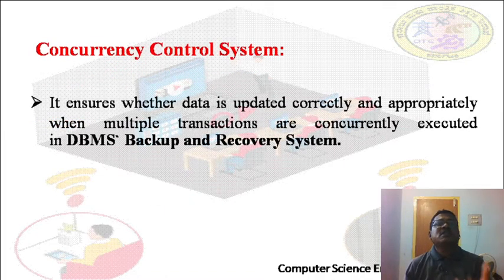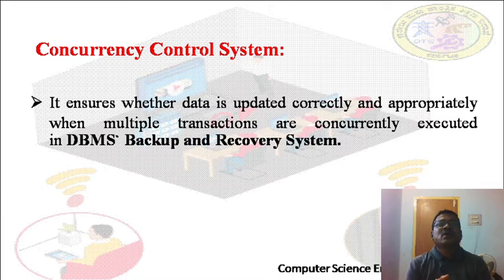Then concurrency control system. What is the function of the concurrency control system? Whenever we are performing some operations on the database, it ensures that data is updated correctly and appropriately when multiple transactions are concurrently executed in DBMS backup and recovery systems.